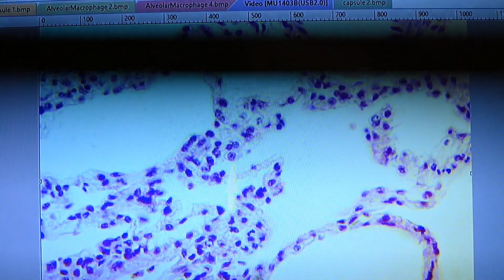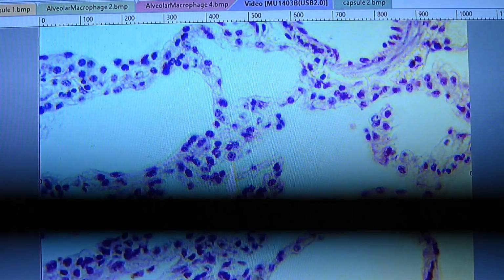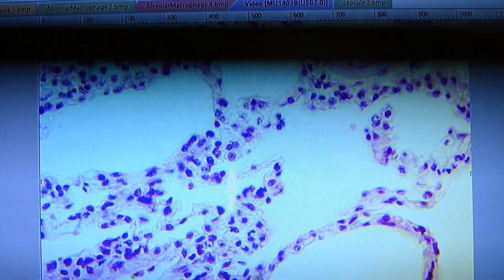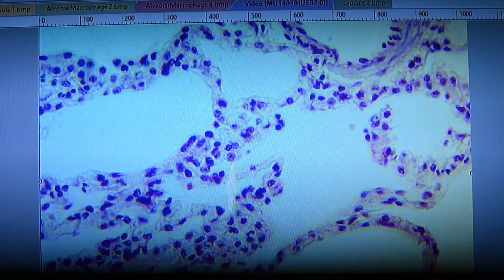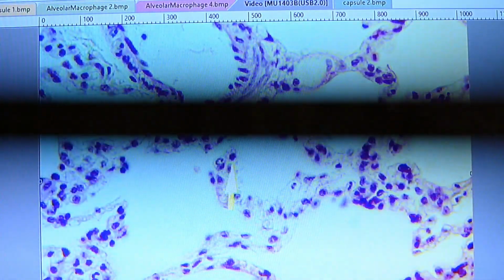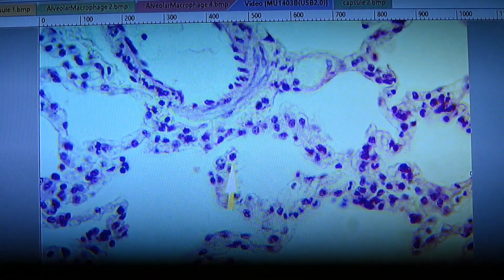There's one here. You can see it's very well boxed in. You can see the outline around the nucleus of the cell, cytoplasm out there. A good example of a septal cell, a type 2 alveolar cell. Looks like we have some more over here. There's another good example right there at the pointer, type 2 alveolar cell nucleus.